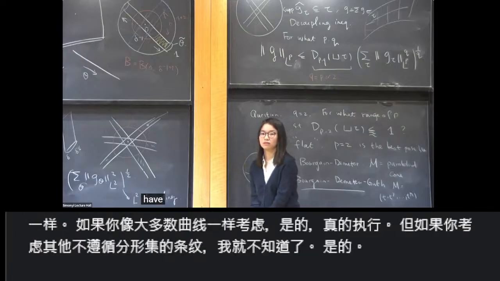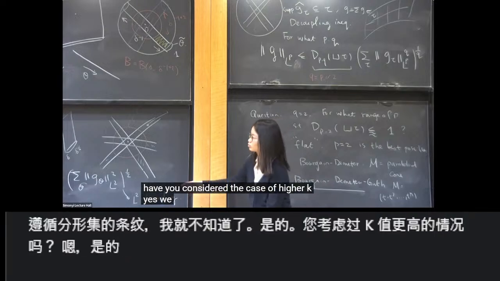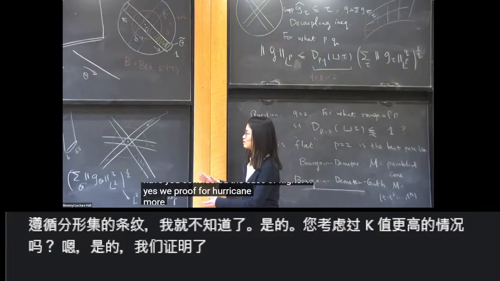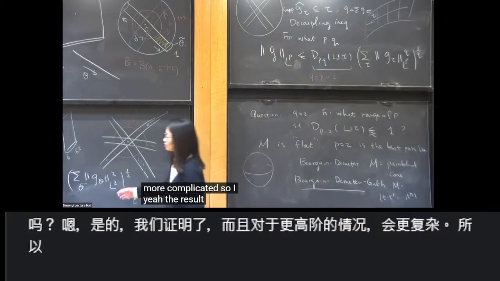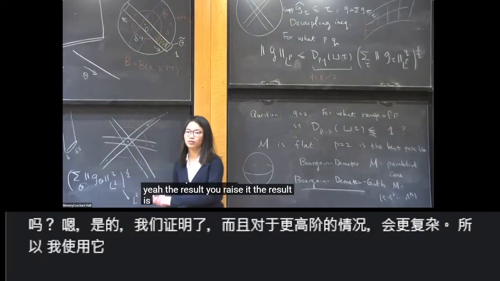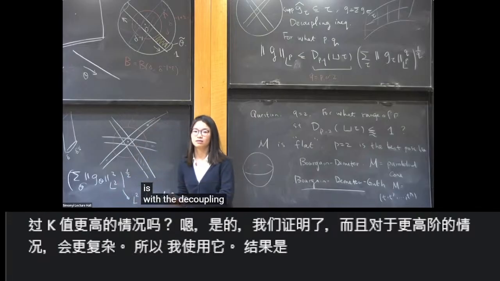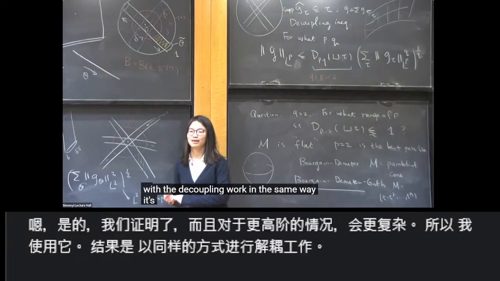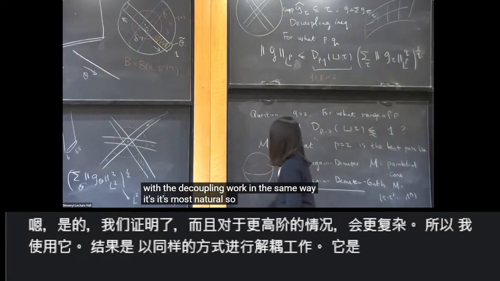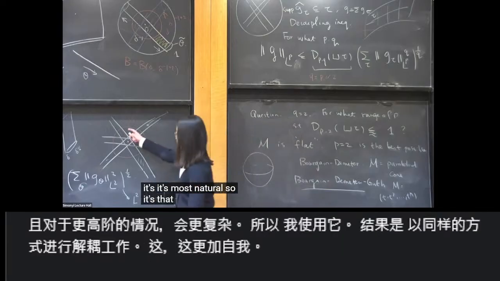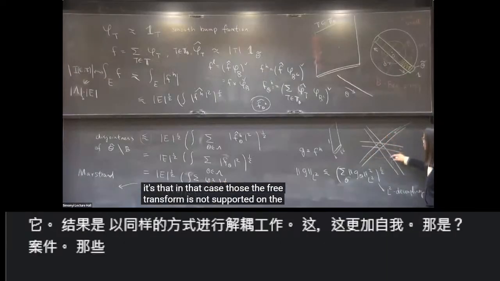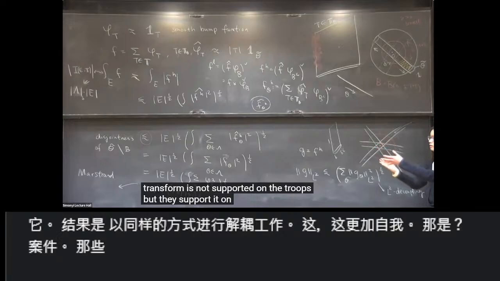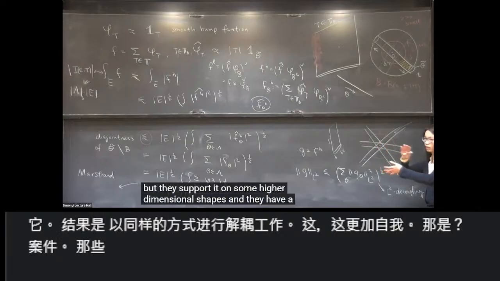Have you considered the case of higher K? Yes, we proved it for higher K, and it's more complicated. The result is for all K. Would the decoupling work in the same way? It's more subtle. In that case, the Fourier transform is not supported on the tubes, but on some higher dimensional shapes, and they have a lot of overlap.